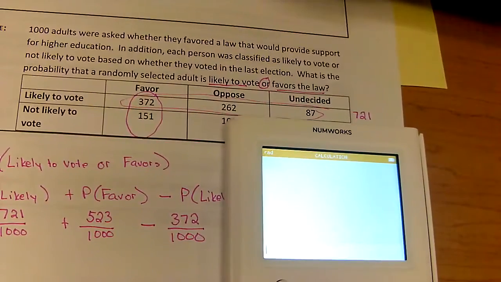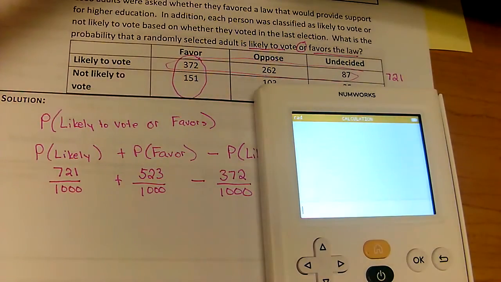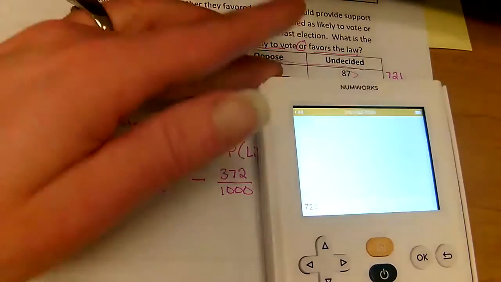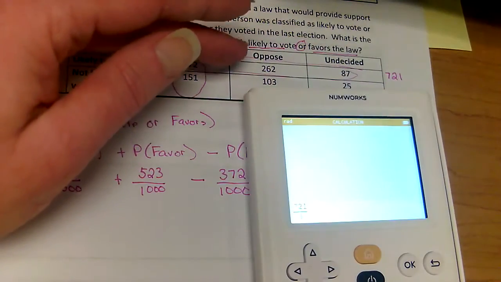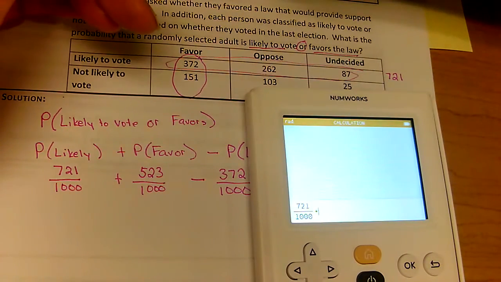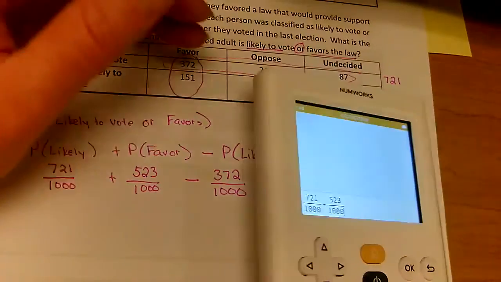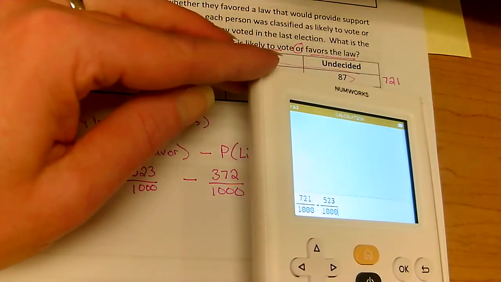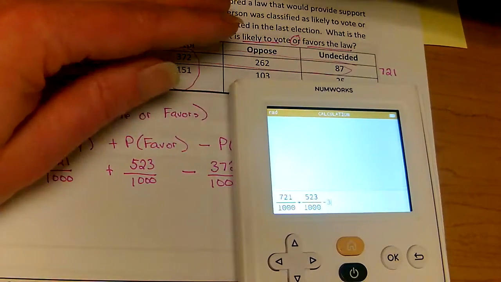And so if I was using this calculator, I'm going to do 721 divided by 1,000 plus 523 divided by 1,000. So this is one of the nice things about using that NumWorks app. We can actually write them in as fractions.